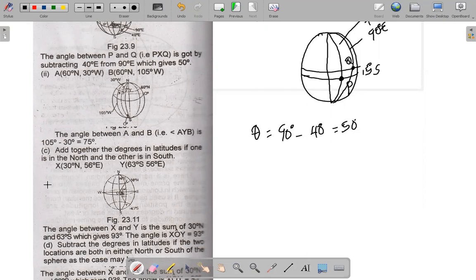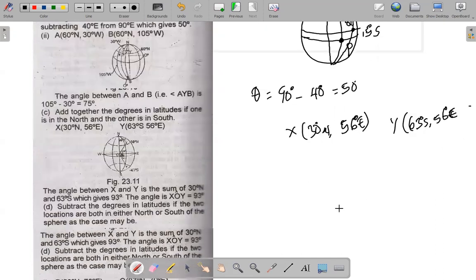So for example, these 2 points x and y: x is on latitude 30 degrees north, longitude 56 degrees east, y is on 63 degrees south, 56 degrees east.